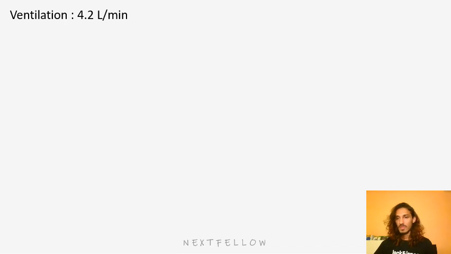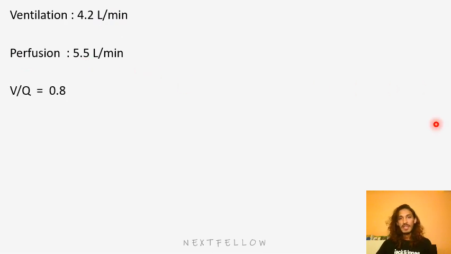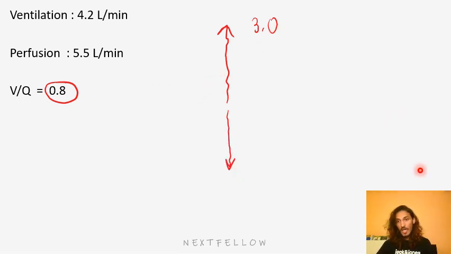You can take an example with normal values: ventilation of this much, perfusion of this much, and ventilation by perfusion will come to around 0.8. This is the normal average value of the ventilation perfusion ratio. As we go to the apex, this ratio comes to around 3 to 3.3. When you go down to the base, from 0.8 it will go to 0.6.